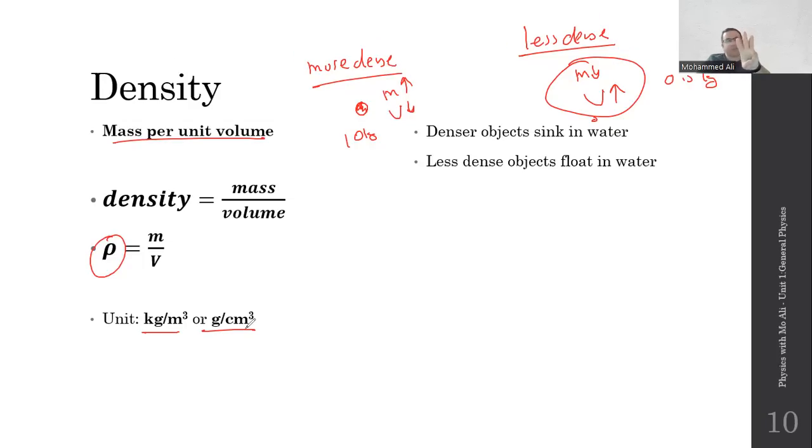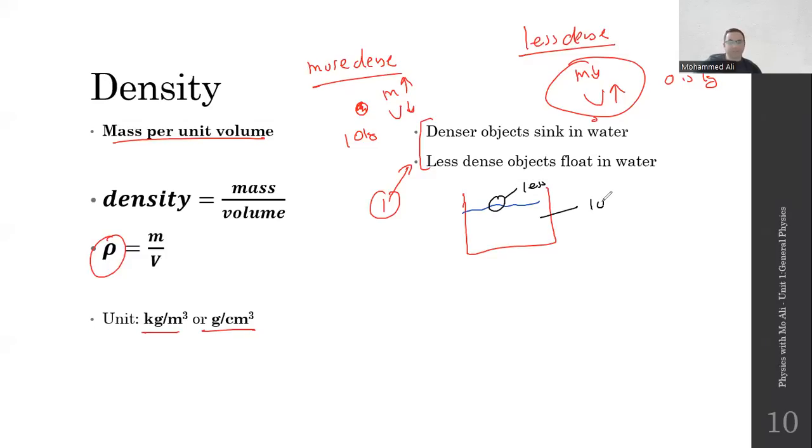I have 3 things to point out. Number 1, density affects whether or not objects sink or float. So if you see an object in water and that object is floating, it's less dense than the liquid itself.